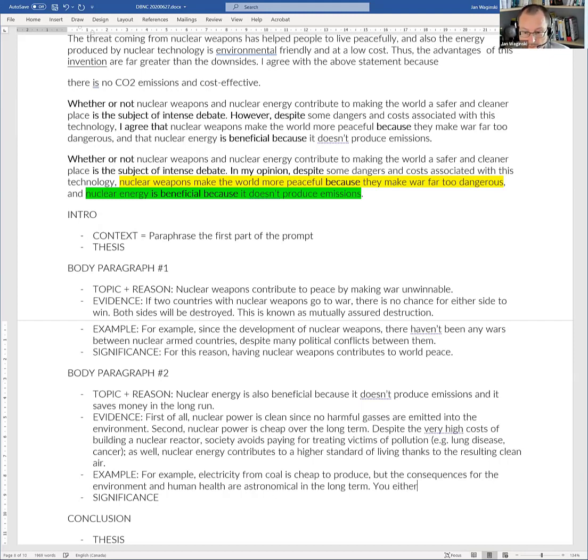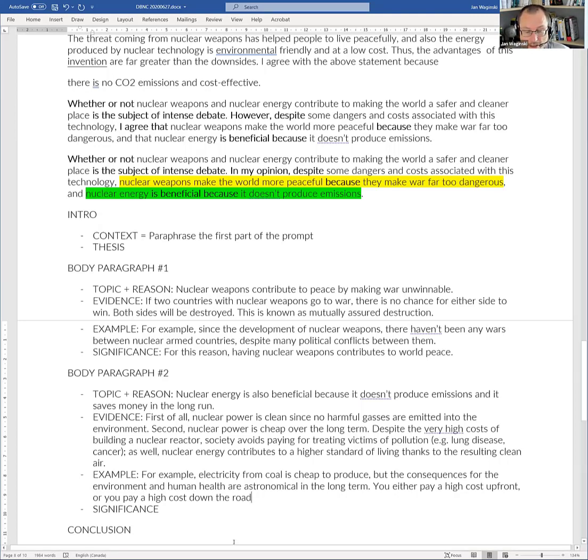You either pay a high cost up front or you pay a high cost down the road. There's no free lunch. What do you mean when you said human health are astronomical in the long term?